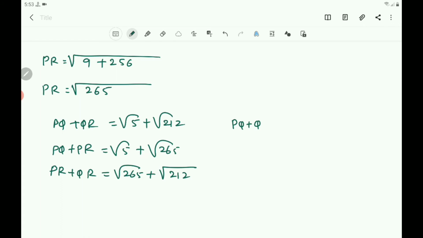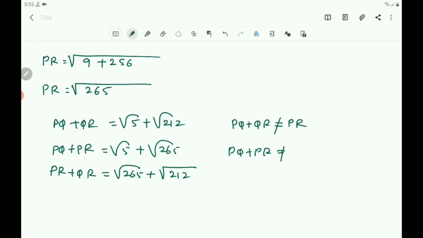Now here what you can observe, PQ plus QR is not equals to PR, and PQ plus PR, what is the remaining side here? If you take PQ and QR, the remaining side is PR, and if you take PQ and PR, then here not equals.